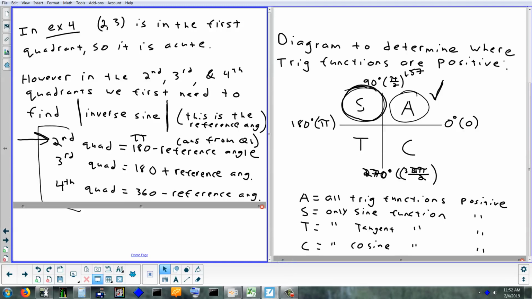It's 180 plus the answer that you got to start with. Or if you're not doing degrees, instead of 180, pi. If you were looking for an answer in quadrant 4, maybe you're doing a cosine problem, it would be 360 minus the answer you got. Or 2 pi minus the answer. Okay, so you never use all of these in the same problem. You only need one of them. It just depends which quadrant you need to be in.